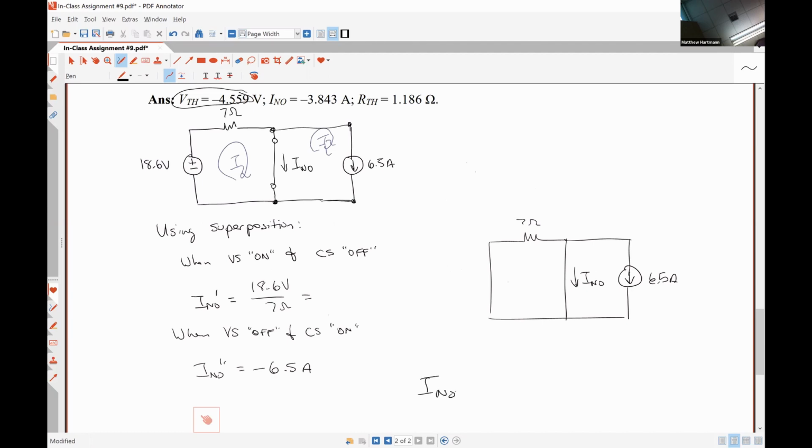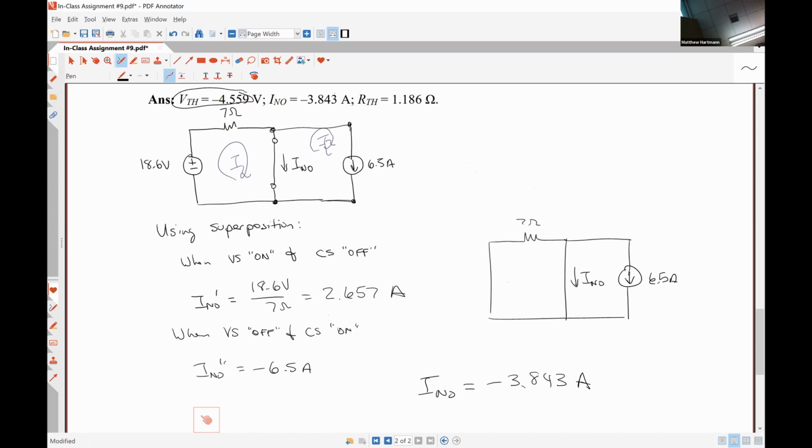I Norton is negative 3.843 amperes. There.